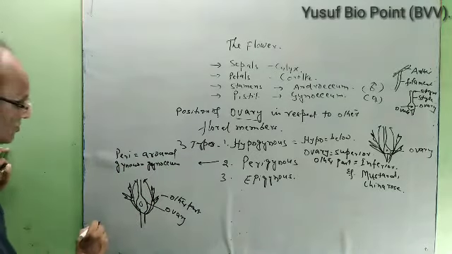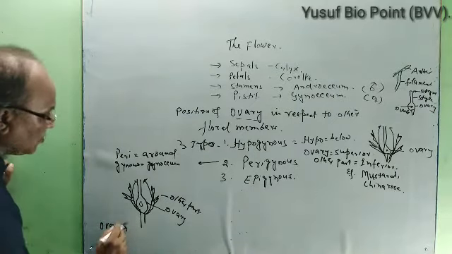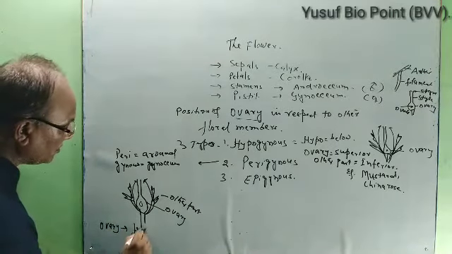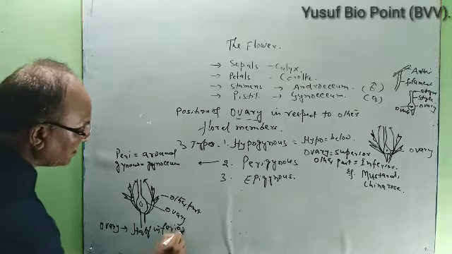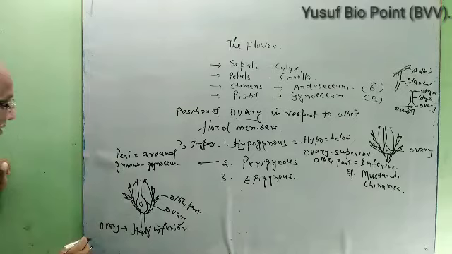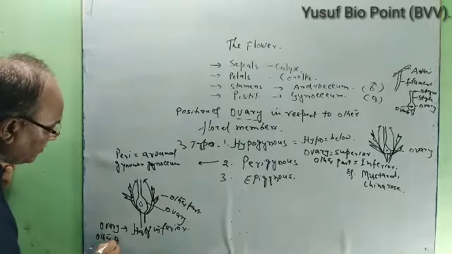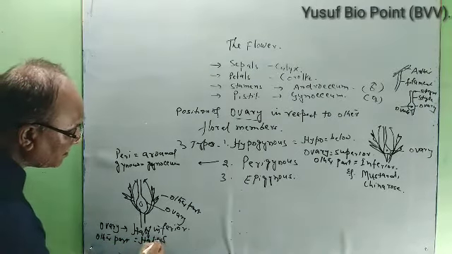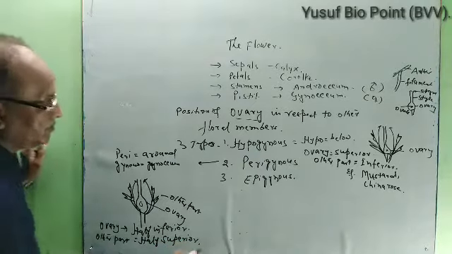It means the ovary has come somewhat below, so it is half inferior, and the other parts have gone somewhat upwards, so other parts are half superior.